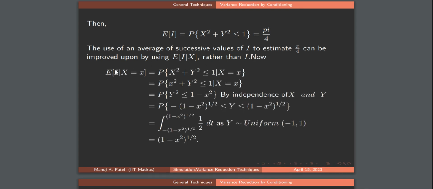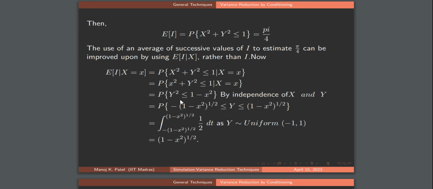Now we estimate the expectation of I given x, so we are conditioning that for given x equal to x, we estimate the expectation of I. This is just a calculation. Here the probability is that y² is less than or equal to 1 - x², because x and y are independent.